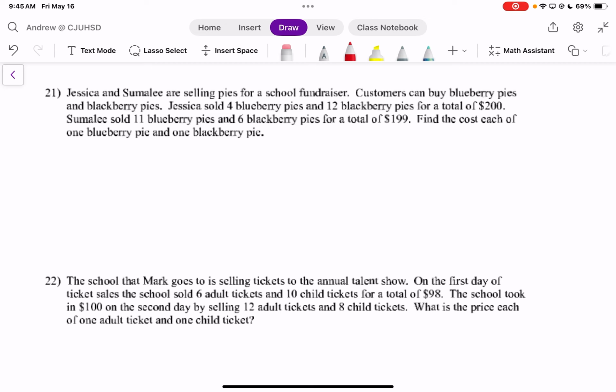So if you say 4 blueberry pies and 12 blackberry pies, well then x can be blueberry and y can be blackberry, and it can be 4x plus 12y, and there's your total of 200. So it equals 200.